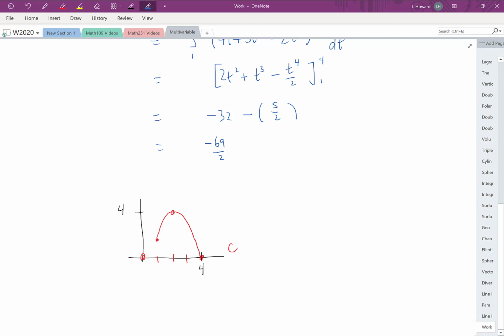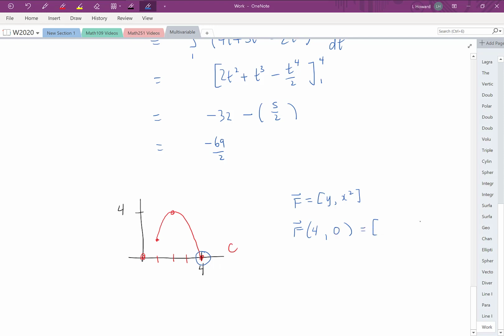Now let's start plotting some of the vectors from our vector field so that we can get a sense of the forces acting at these different points. Remember that our vector field, given in the question, was (y, x squared). You can get a sense of the forces just by plugging in any x and y values you like. An interesting point would be this point here, where x is 4 and y is 0.